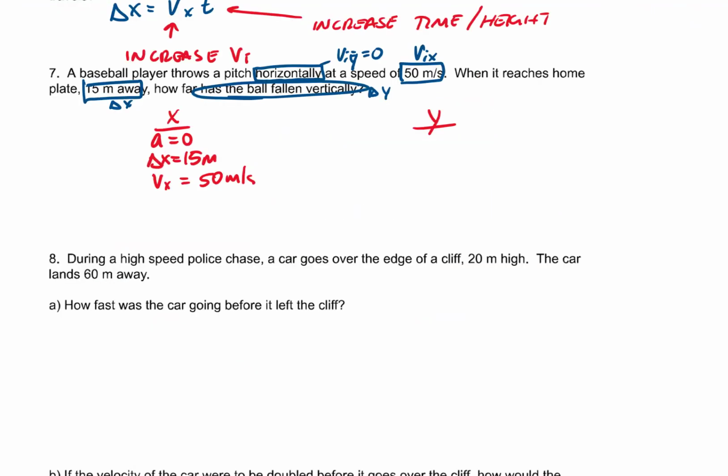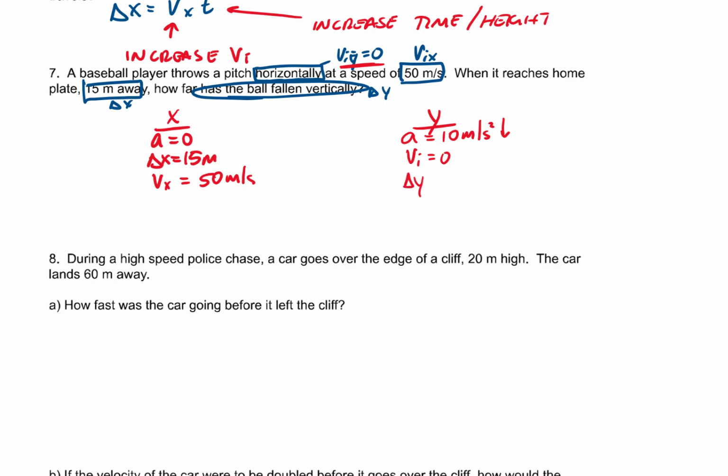In the y direction, we know that the acceleration is 10 meters per second squared down, but we don't know our delta y. We do know our initial velocity in the y direction is 0, again, because it's thrown horizontally. So we don't have enough information in the y, but we have a whole lot of information in the x. So we need to find the delta y.